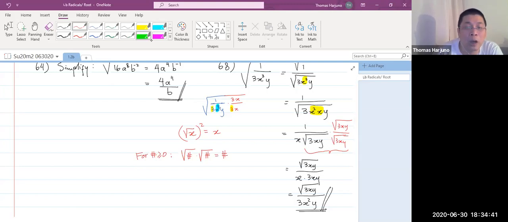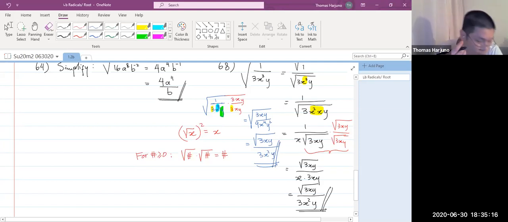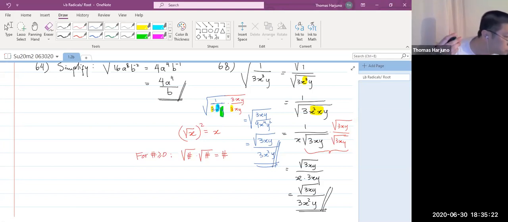And for the y, I need another y to make it y squared. So you basically build it up. And this will become square root of 3xy over 9x to the 4th y squared. Then this is square root of 3xy on the top over 3x squared y at the bottom. That's another way to do the work. Alternative way to do number 68.